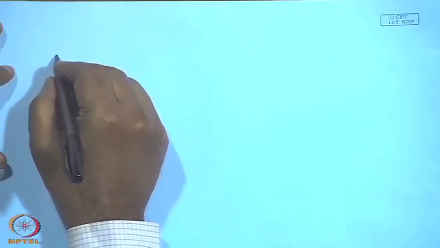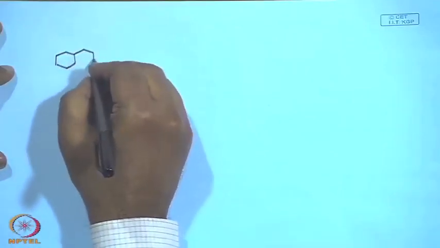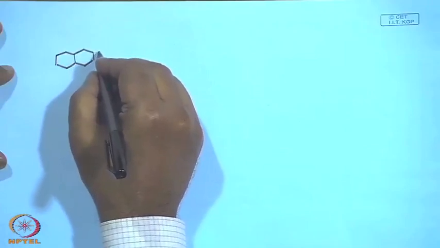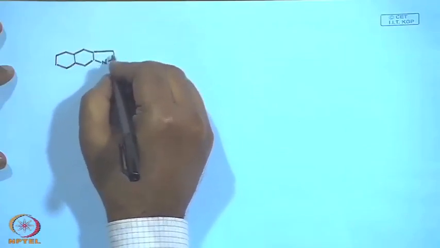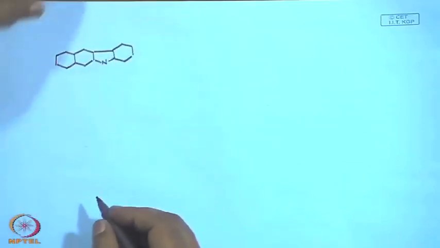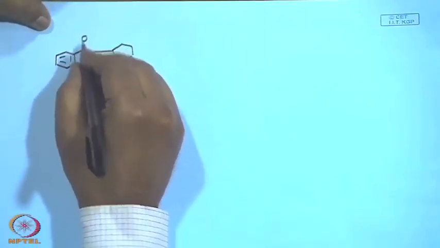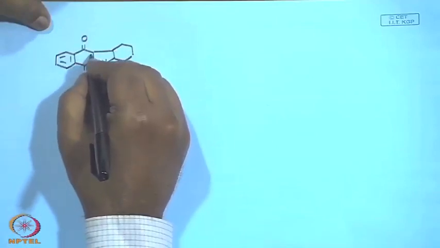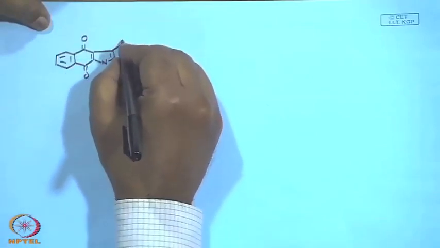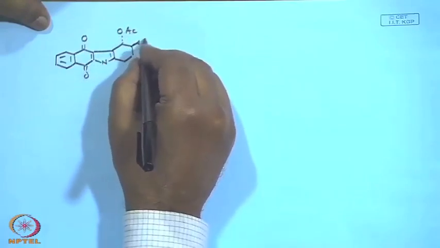Okay. This is a molecule which was, you see, here I am just drawing the structure. It is a pretty big structure though, with a big structure here, and then you have this quinone moiety, and then you have double bonds, then you have OAc, and here also one OAc.